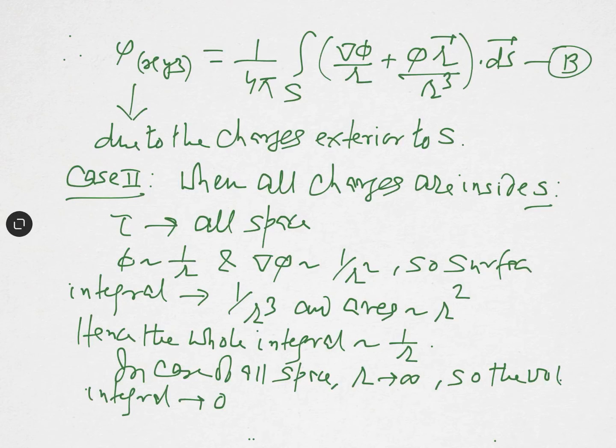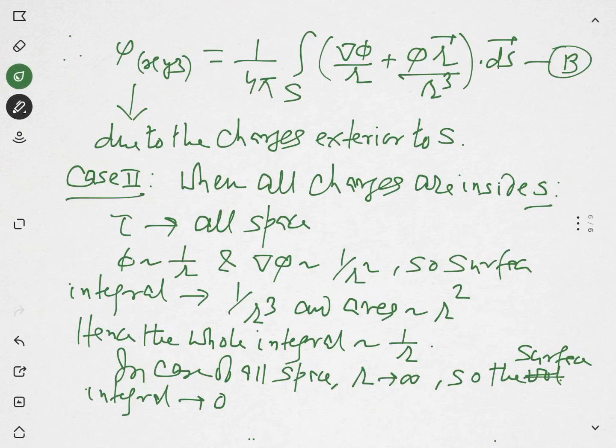That means that this surface integral will be 0. And you may say there is no contribution of the surface integral in this condition, and hence, as we know, the volume tau now tends to all space.